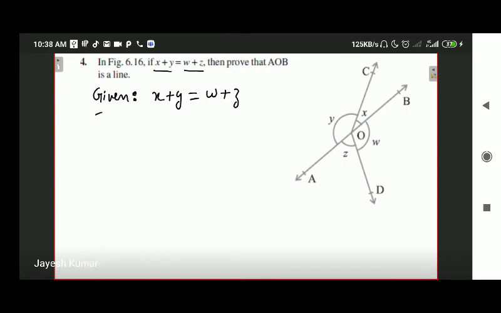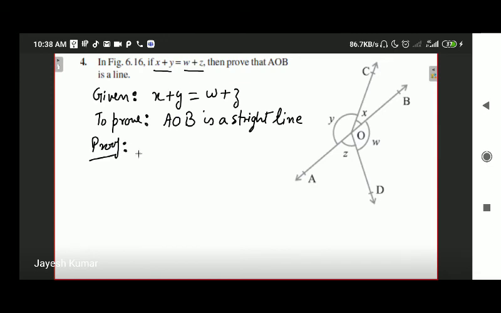To prove, we have to prove AOB is a straight line. Now let us see.